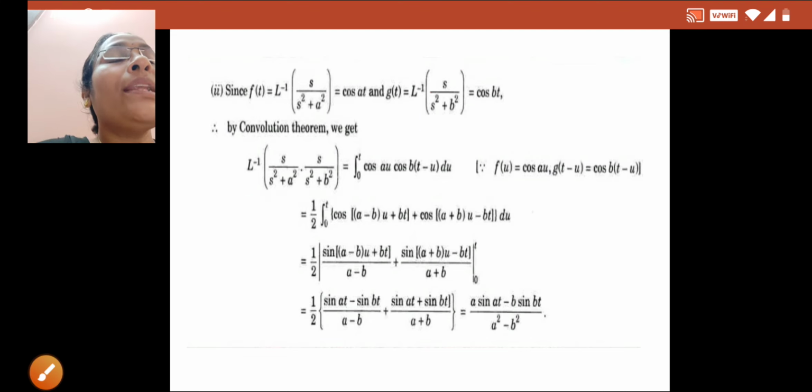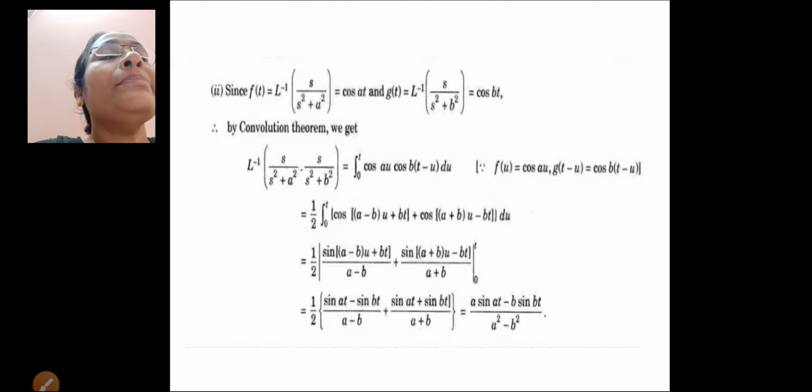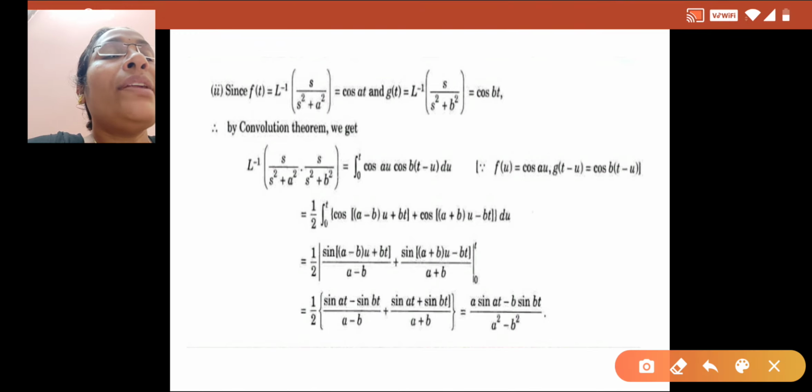So by evaluating this integral, we apply the formula 2 cos a cos b equals cos of a plus b plus cos of a minus b. Here we have only cos a into cos b, so you will get it as a half into cos of a plus b plus cos of a minus b. The integral of the cosine function is sine.